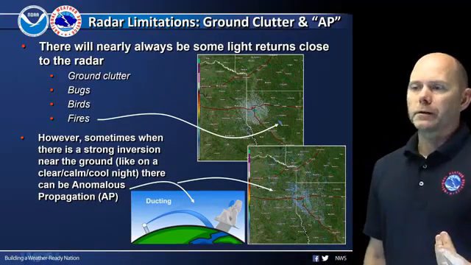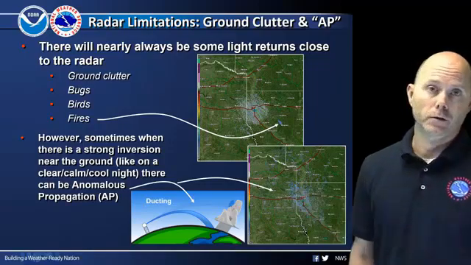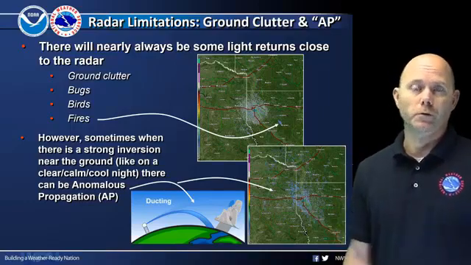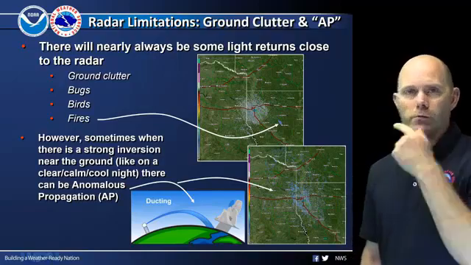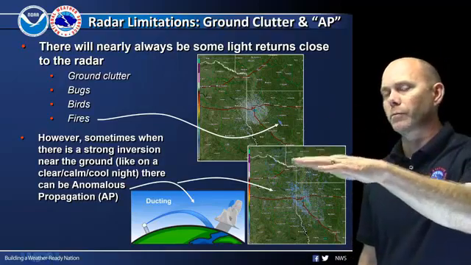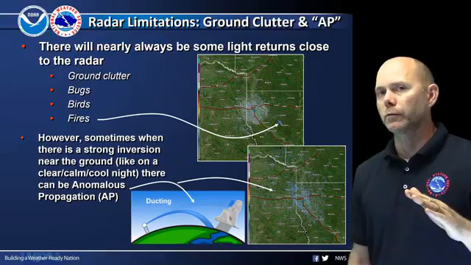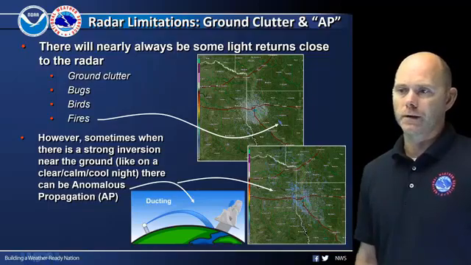Another thing to keep in mind is a lot of times in the mornings, especially maybe not summertime mornings when it's warm and humid, but maybe crisp, cool fall mornings when the wind's real light and there's a lot of radiational cooling, you tend to get inversions set up. And when inversions set up, it's where the temperature increases with height in the lowest maybe 1,000 feet of the atmosphere.